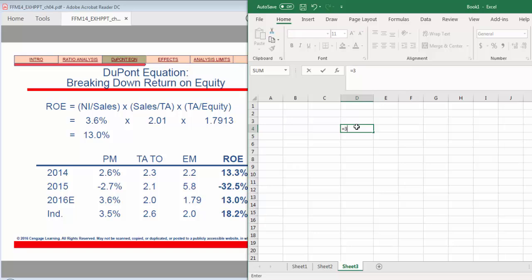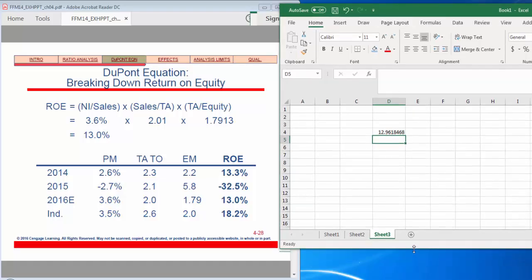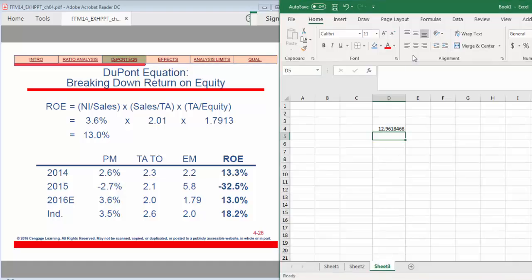I can simply do the calculation first. 3.6 multiplied by 2.01 multiplied by 1.7913. There you go. So now I have 12.96%, and if you round off, that's going to be 13%. So this is going to give you return on equity by using DuPont analysis.